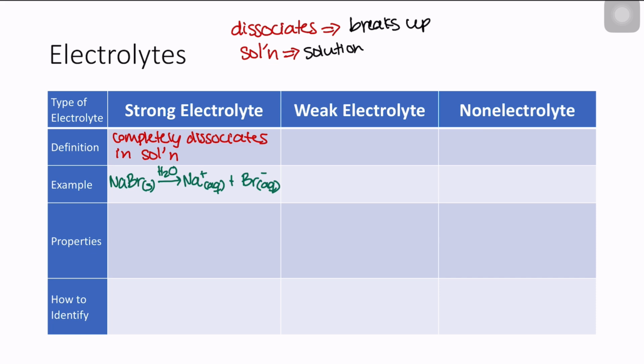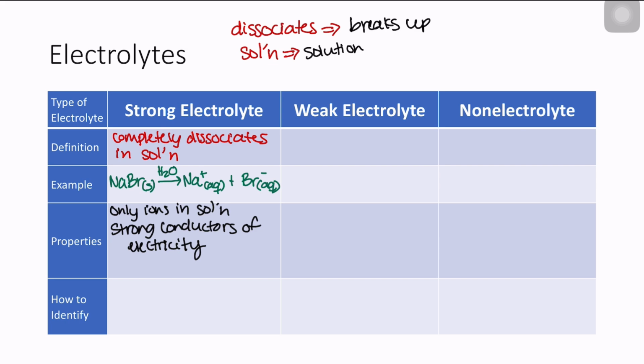Some properties of strong electrolytes are that there are only ions in solution. There's only ions in solution, there's nothing else. So what that means is they are strong conductors of electricity. In order for a solution to conduct electricity, it has to have ions present.